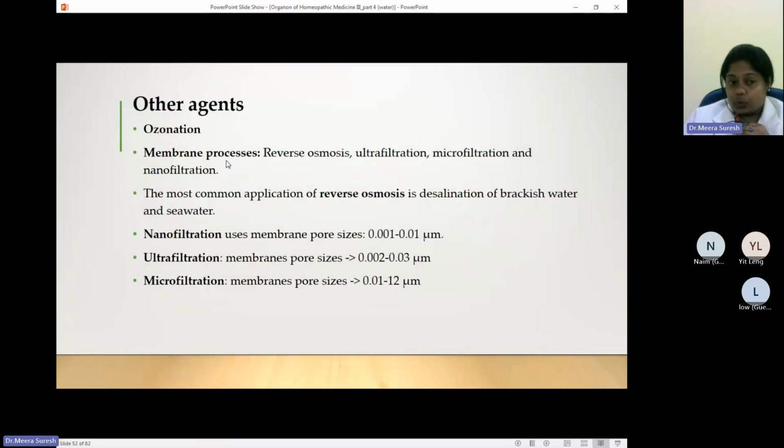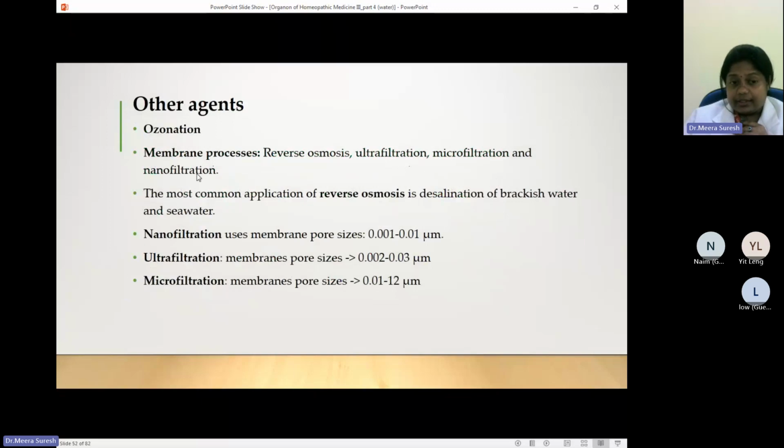Then there are some membrane processes, where membranes of different sizes are used. So we have reverse osmosis, ultrafiltration, microfiltration, and nanofiltration. The most common application of reverse osmosis is the desalination of seawater or brackish water. I didn't go into detail on the other filtrations, ultra, micro, nano.